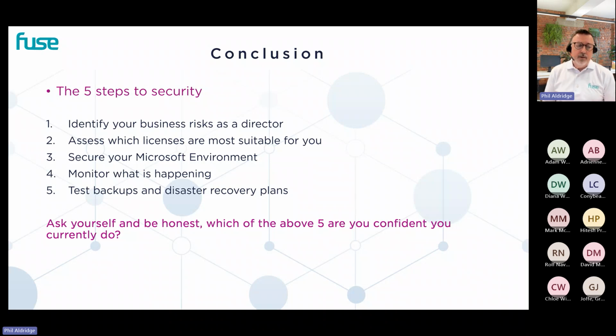The key one here, and this is where I see the majority of issues, is making sure your Microsoft tenant, your Microsoft environment, is secure. Making sure that someone's looked at the secure score and gone, we're only at 35%. Let's have a plan to get us to 70. What's that plan? How's it going to impact staff? Because it will impact staff. You'll make changes that will stop things from working.